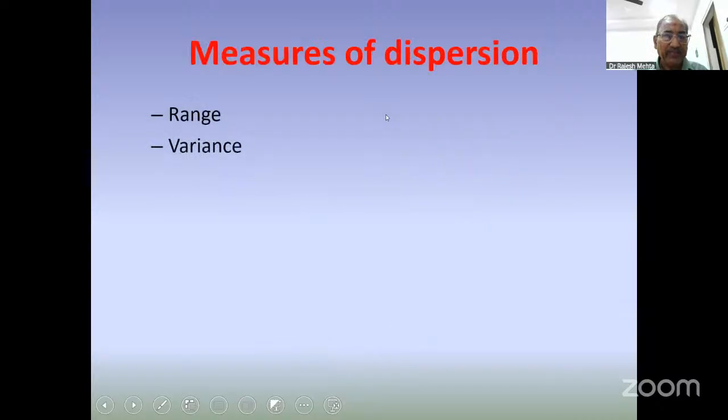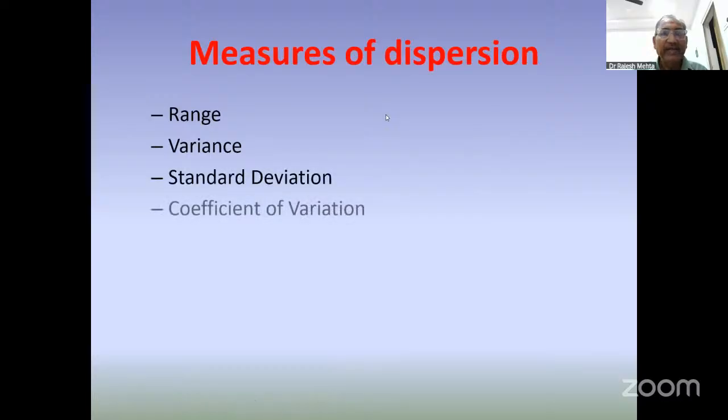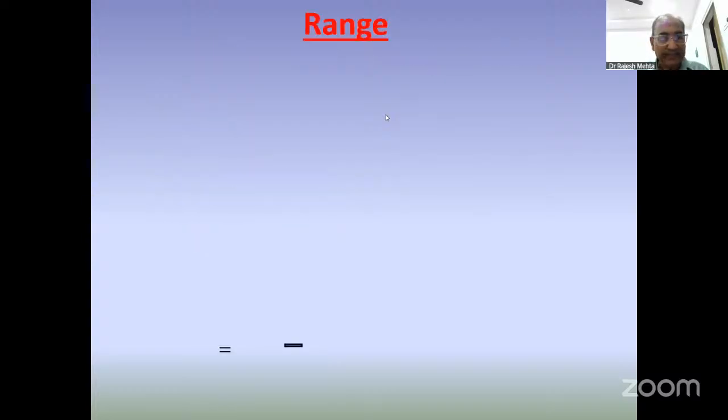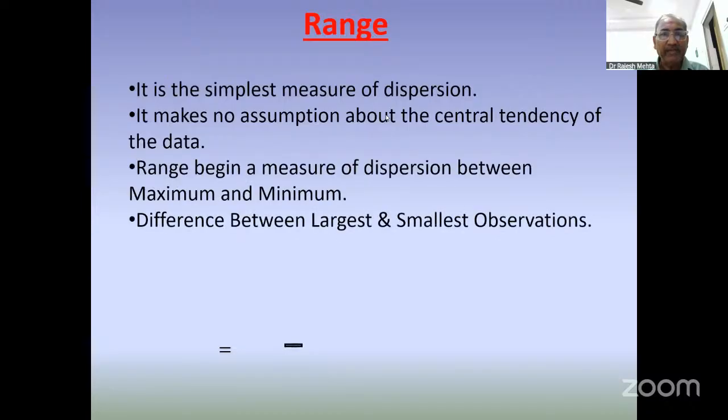Now, measures of dispersion: we have the range, which is clear. Variance is also clear, because you take the mean minus each observation and make a square of it; that is the variance. And standard deviation is taking the root of it, divided by n. We'll look at the formula quickly. Range is very clear: minimum and maximum.